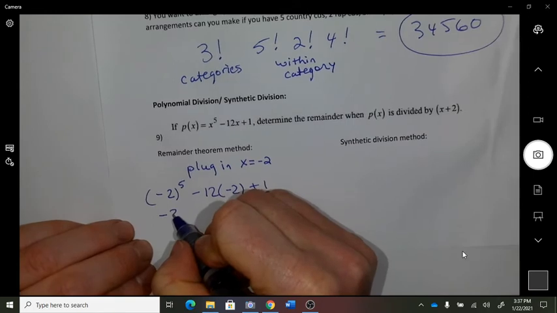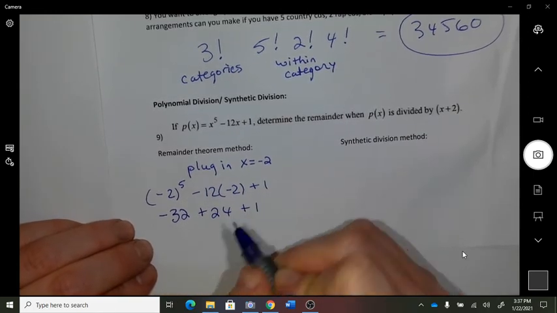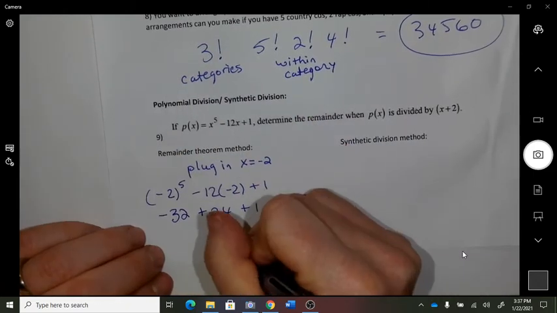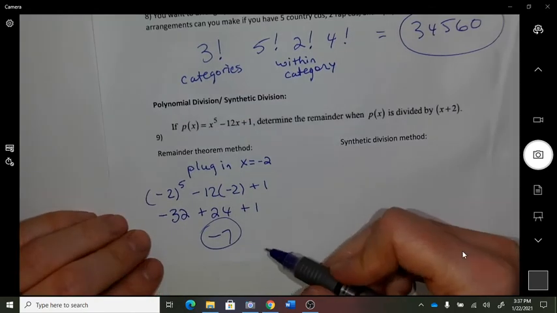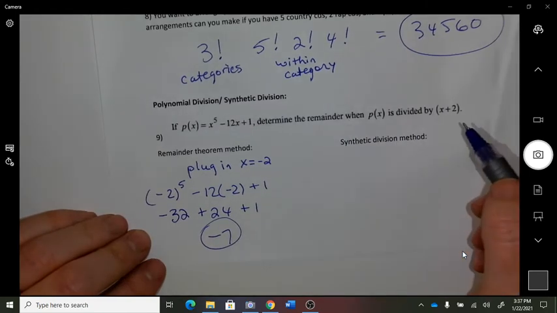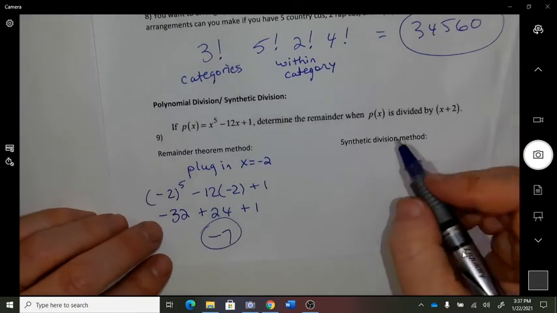So this is -32 plus 24 plus 1. So the remainder is 7. So if I ask you a question about, is this a factor or does this divide evenly? So this is not a factor because your remainder would have to be 0.